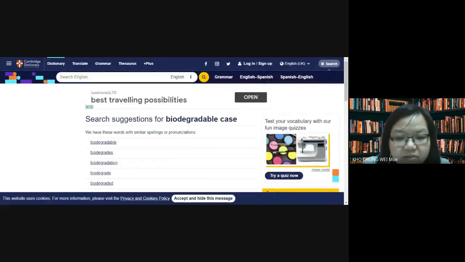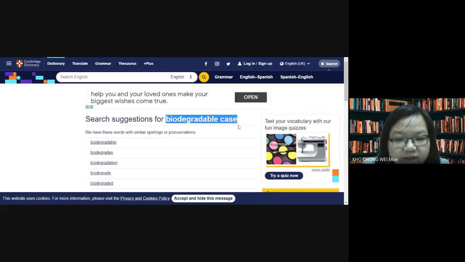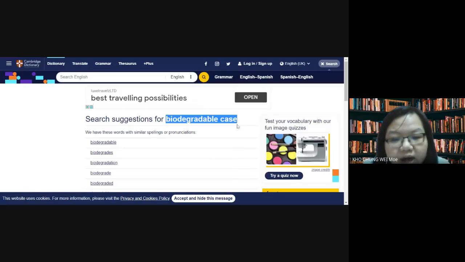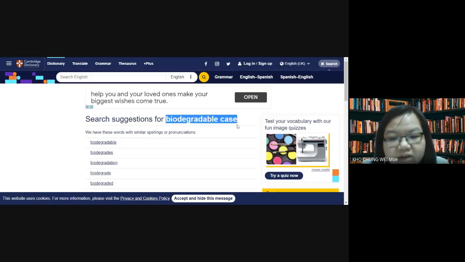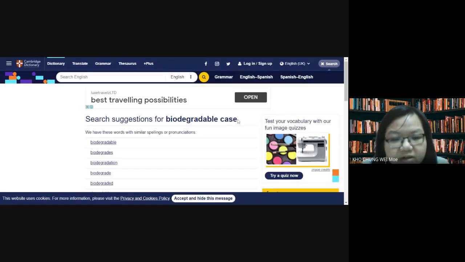See, you can't, because this is not a noun or a collocation or a phrasal verb or things like that. It is not a fixed phrase, right? Like hook up, that is a phrasal verb, so you can find the whole thing. But biodegradable case is not a fixed or collocated phrase. So you need to look for the words one by one.